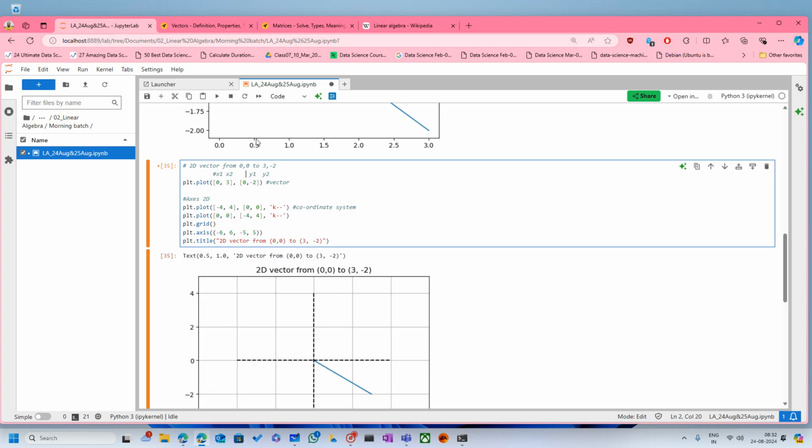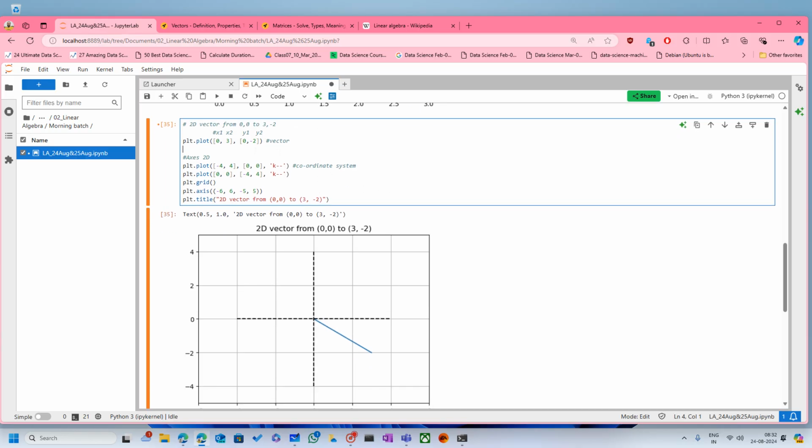So it seems that it is x1, x2, and y1, y2. For this vector it is correct. So it is x1, x2, y1, y2.